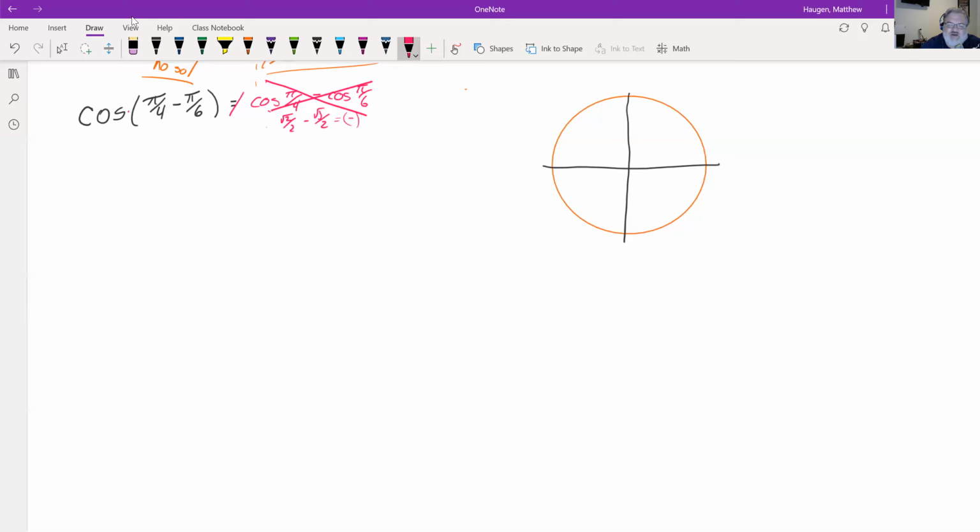Well, cosine of pi over 4 minus pi over 6, if we did the math, is pi over 12. Pi over 12 is right there, and the cosine of pi over 12 is not negative. This would be negative. So already we know it doesn't work. So no, we can't do that.